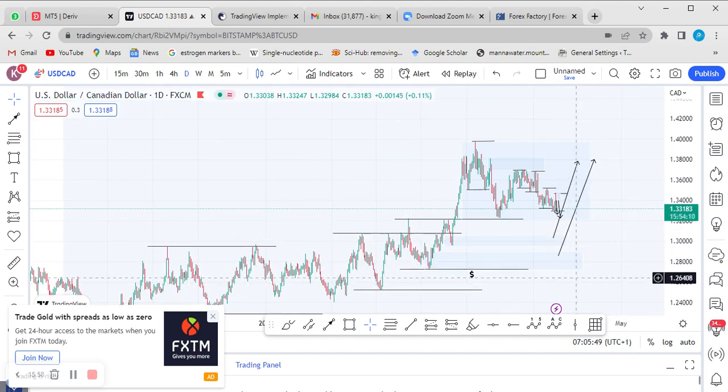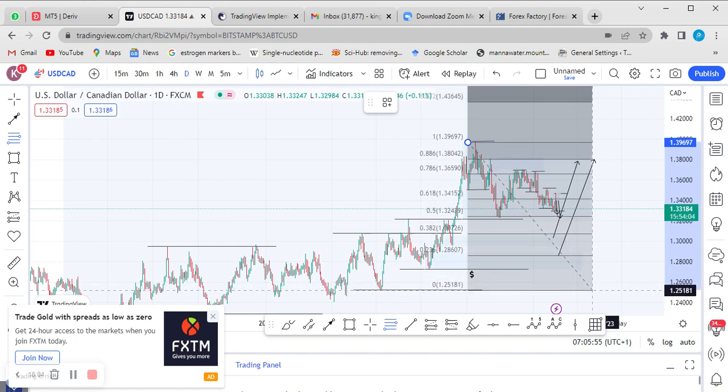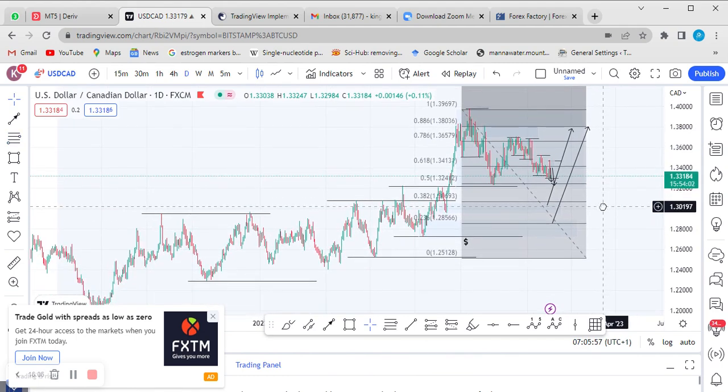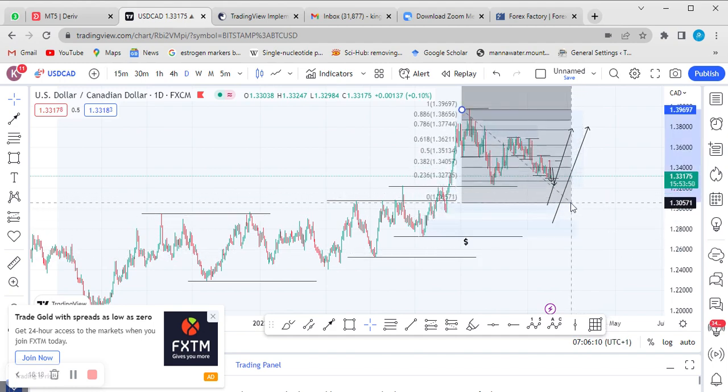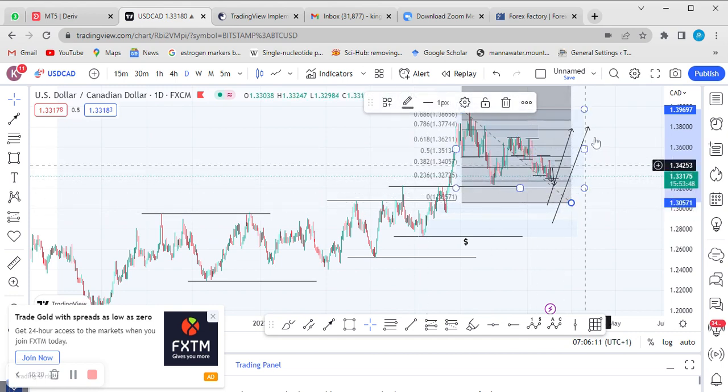Because once price invalidates the structure, don't forget we are going to have another big retracement. No matter how bearish the market goes down, it will have a pullback into a 50% discount or into a premium price. So we can then look for another good opportunity to short the market.